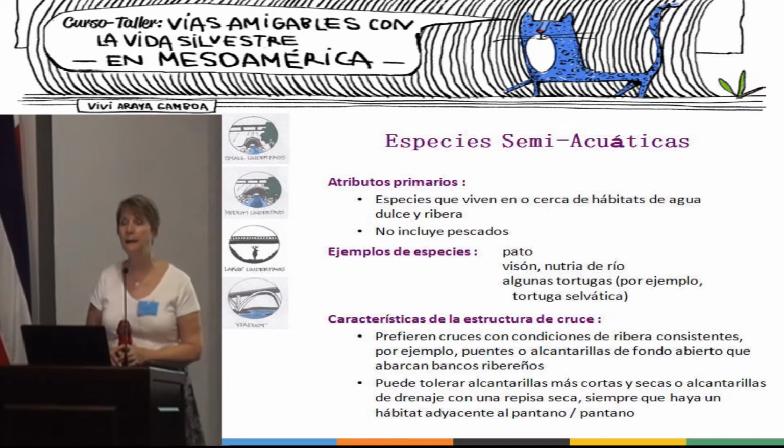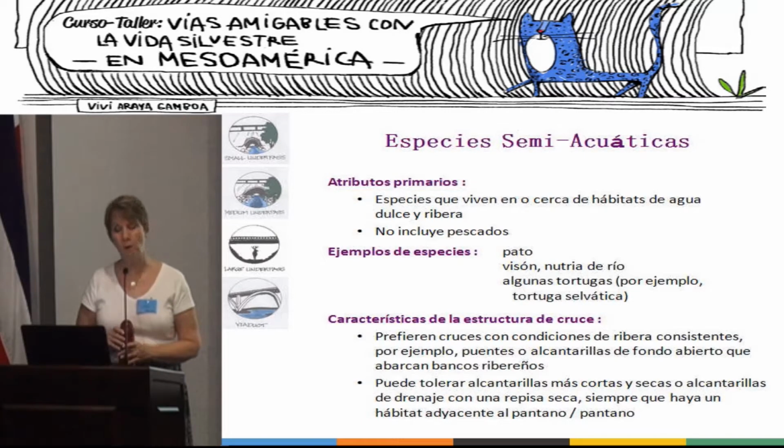Okay, the next group are those that walk alongside but don't get into, or at least don't travel in the water. And those are semi-aquatics. In that case, basically you want to make sure that there's some sort of dry substrate next to the water that they're trying to walk along.